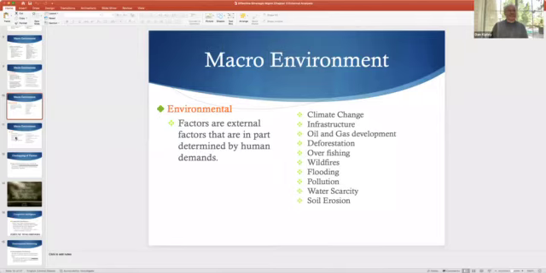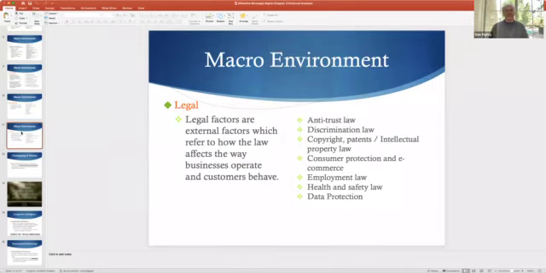One more, legal. These are the factors, the laws and how we operate businesses and how the customers behave. Things like antitrust, discrimination laws, copyright, patents, intellectual property, consumer protection and e-commerce, employment laws, health and safety, data protection.